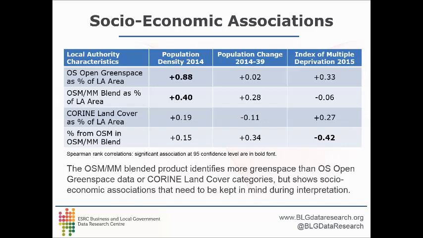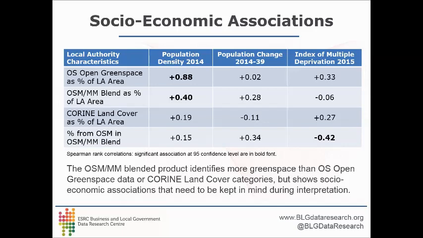What we're now looking to do is a number of different things. We have a mechanism here, and we have the ability to generate this kind of data set for other geographical areas. We're very interested in trying to compare the areas we've worked with so far with, for example, rather different sorts of local authorities, especially if they've got their own green infrastructure database that might give us a basis for comparison.